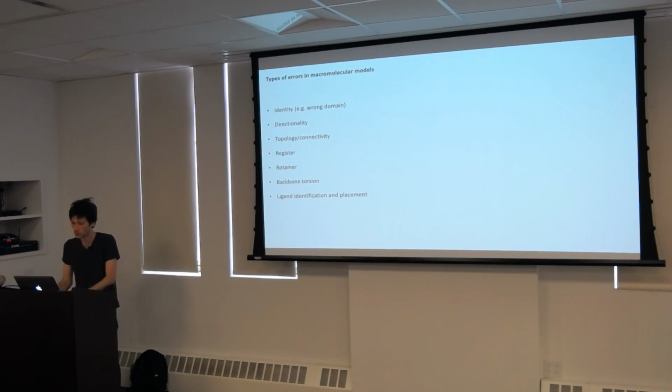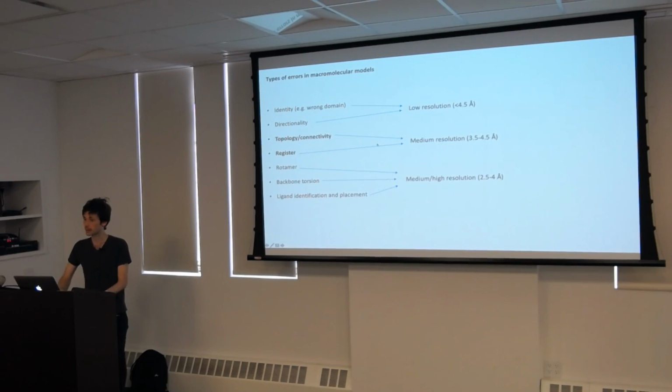You can largely split these up into things that hopefully won't happen, but if they're going to happen, they'll happen at the errors of identity, like placing a domain in the wrong density or directionality. Typically, you will only encounter those at fairly low resolution in most cases, so less than 4.5 angstroms.